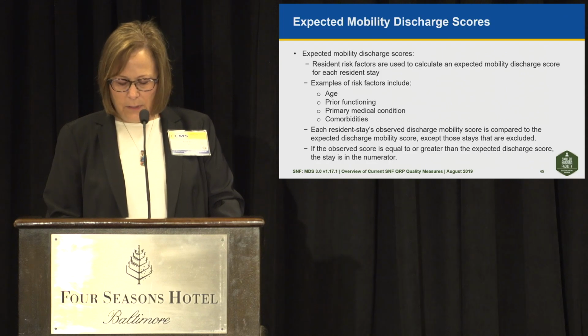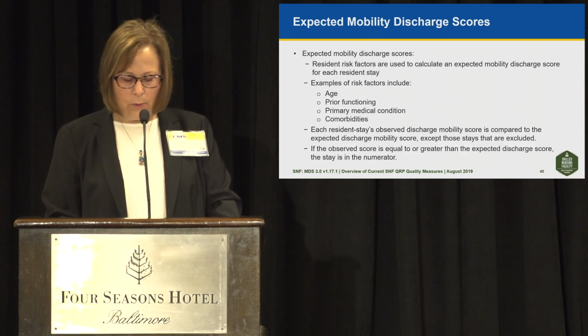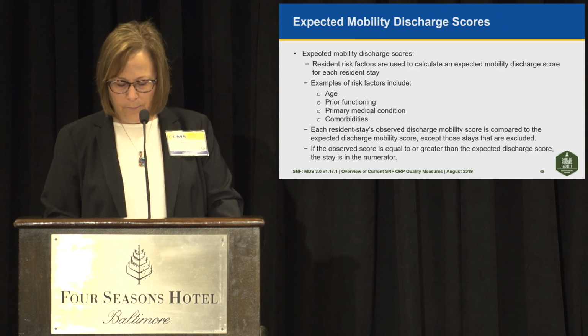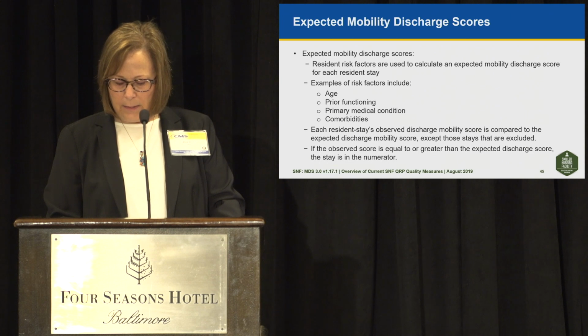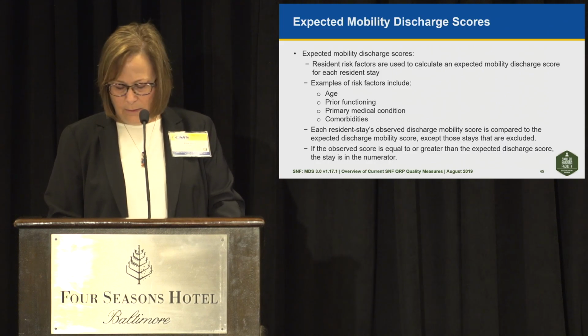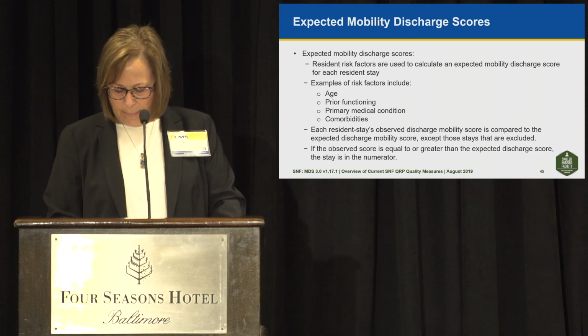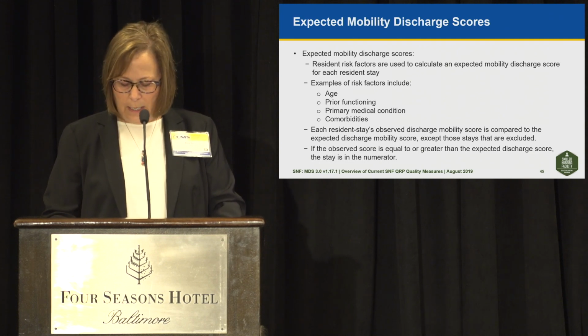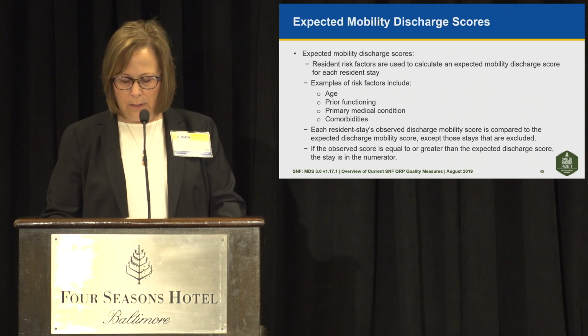And if the observed score is equal to or greater than the expected discharge score, the stay is in the numerator. Then, as we discussed on slide 39 for the expected self-care discharge scores, the expected mobility discharge scores are calculated using intercept and coefficient values from the risk adjustment model, which includes those risk adjustment factors and others. And a simple observed score cannot be calculated for the discharge self-care score and discharge mobility score measures.